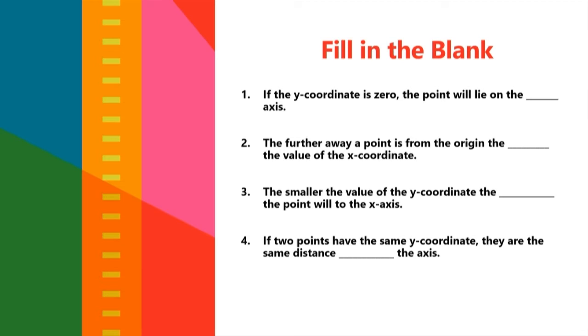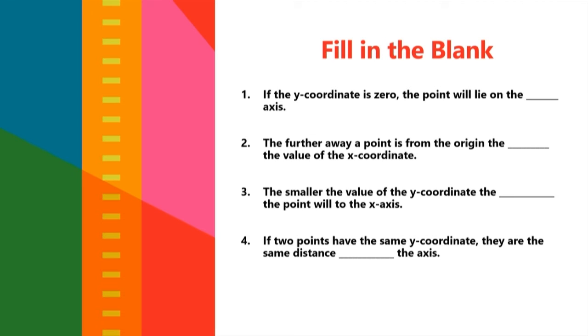Number 3, the smaller the value of the y-coordinate, the blank the point will be to the x-axis. And I think I just gave that one away to you just a moment ago. Number 4, if 2 points have the same y-coordinate, they are the same distance blank the x-axis. So think about the word that belongs there.